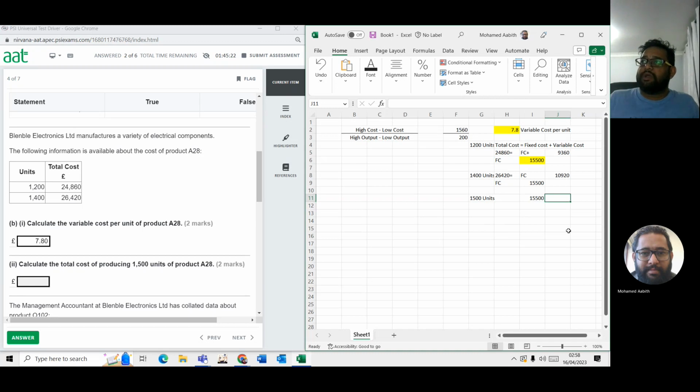Variable cost is going to be what? £7.80 multiplied by 1,500. So let me just do this as a formula equal to that amount. So your total cost is going to be equal to this plus this figure, and gives you 27,200.